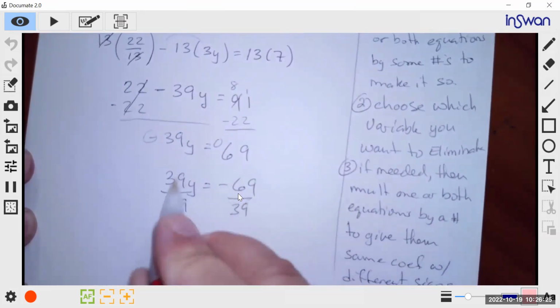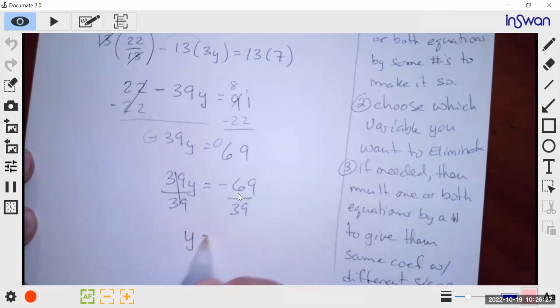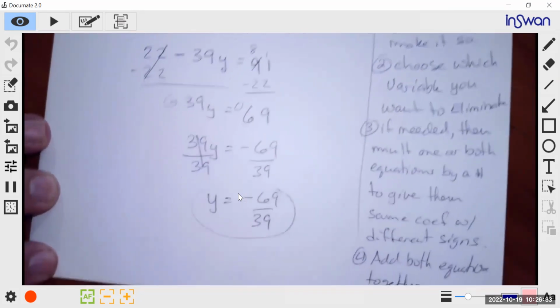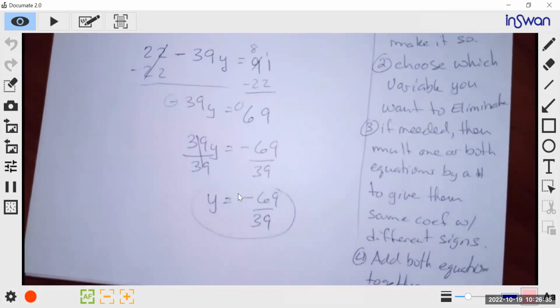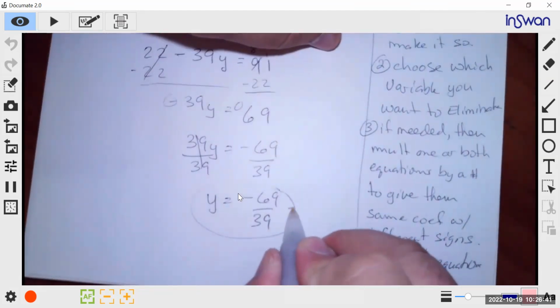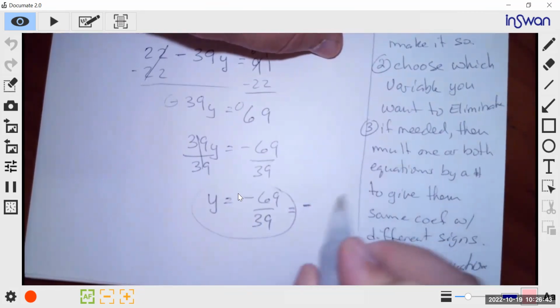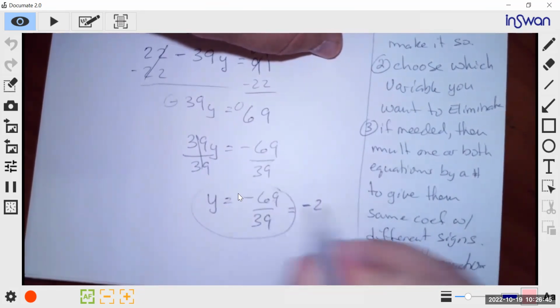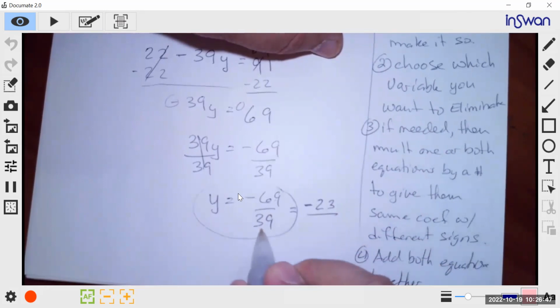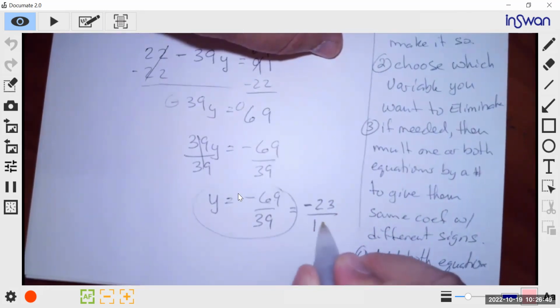Divide by 39. They both have a 3 in common. 3 goes into 6 twice, 3 goes into 9 3 times. 3 goes into 3 once, 3 goes into 9 3 times.